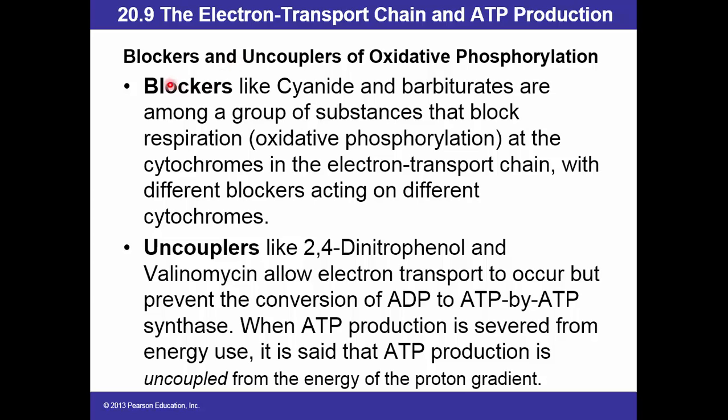Finally, there are the so-called blockers and uncouplers of oxidative phosphorylation. Blockers like cyanide and barbiturates are among a group of substances that block respiration, or oxidative phosphorylation, at the cytochromes in the electron transport chain, with different blockers acting on different cytochromes.